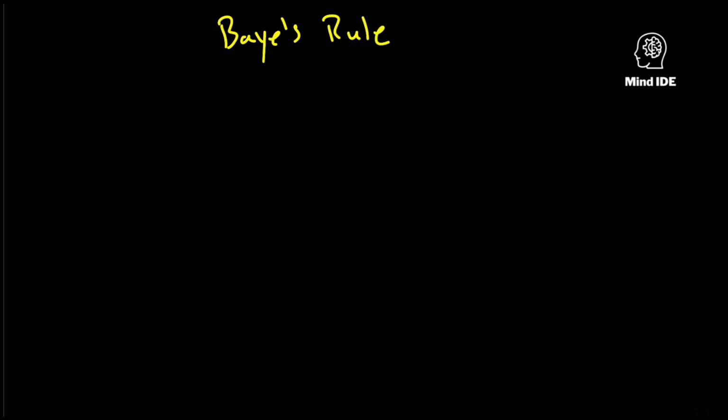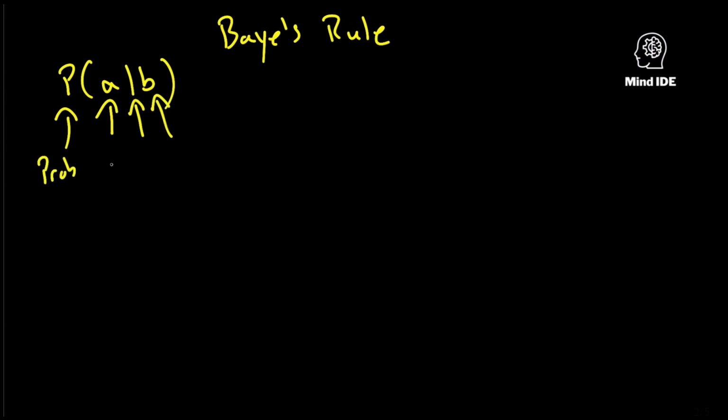So basically the way that it works is, when you're trying to compute probability, this notation, what this means is the probability of A given B. So it's the probability of A happening given that B has happened or will happen or something like that.